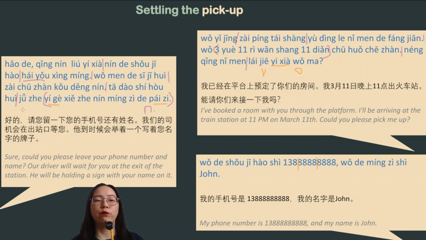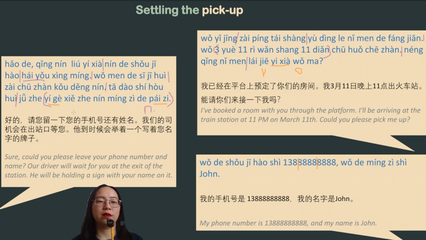So holding a board is 举着一个. 举 means to hold, 一个 means one, 牌子 means a board or a card. And you probably already guessed that from here to here means the board and specific descriptions or information about the board.